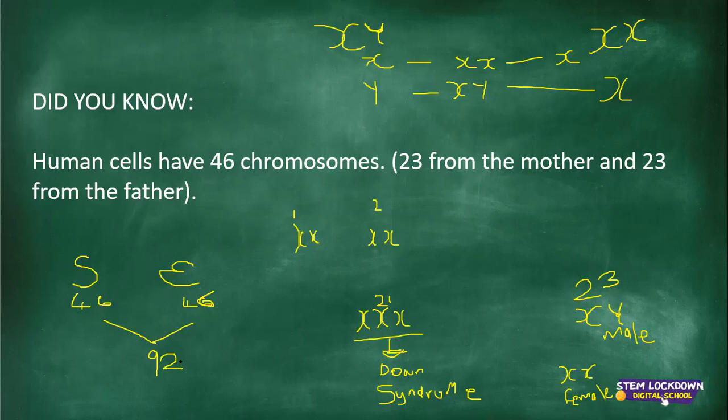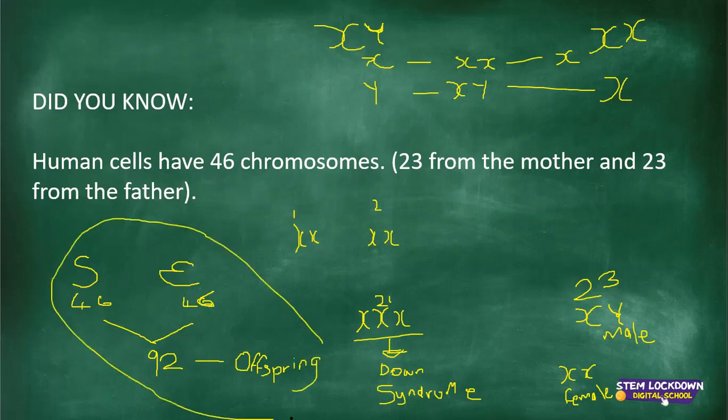This is the number of chromosomes the offspring is supposed to have. But we know that is not the case. We know that the offspring also has only 46 chromosomes. So explain to me why it doesn't happen like this. How come the egg cell and the sperm cell fuse and yet their product still has only 46?